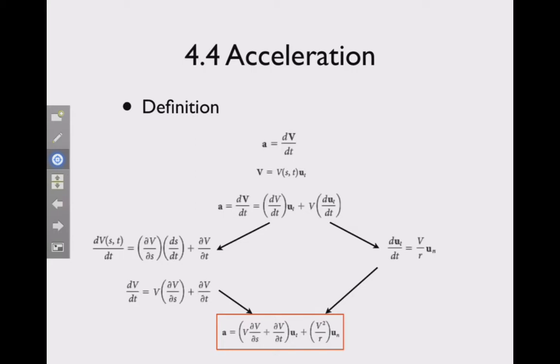So let's try to write this out, and we're going to do this in a pretty explicit way. We're going to take our normal definition of the acceleration being dV/dt, but we're going to express the velocity in this way. V is a scalar.